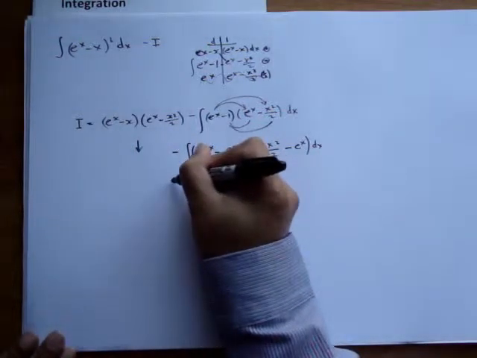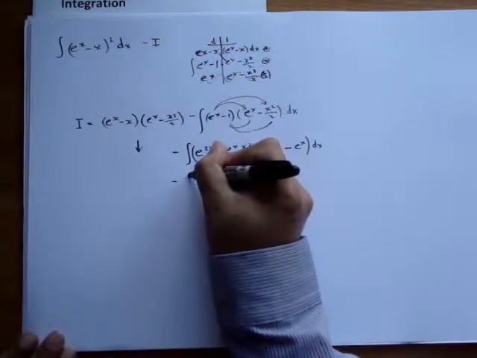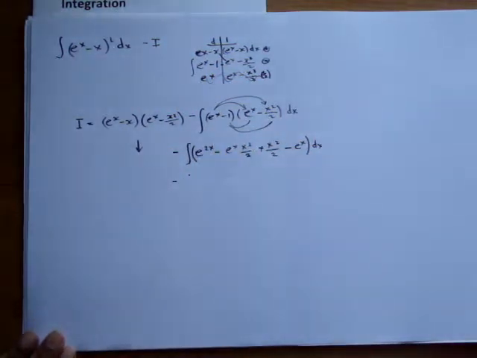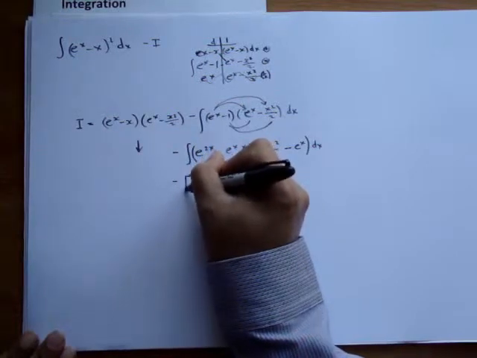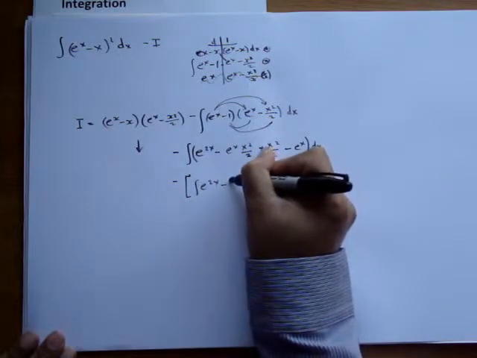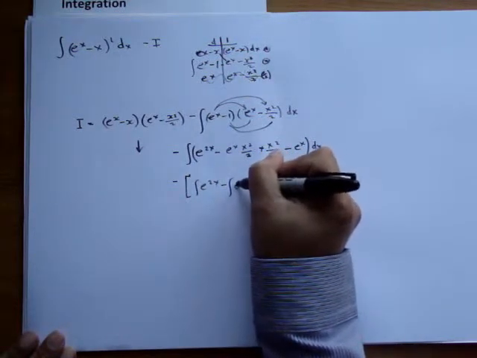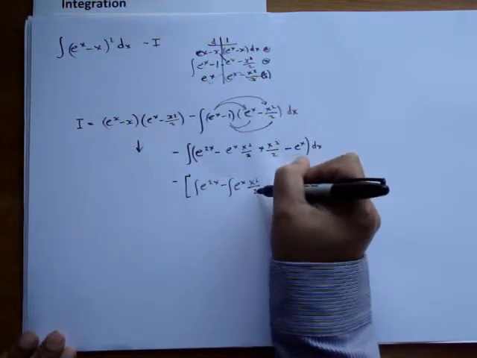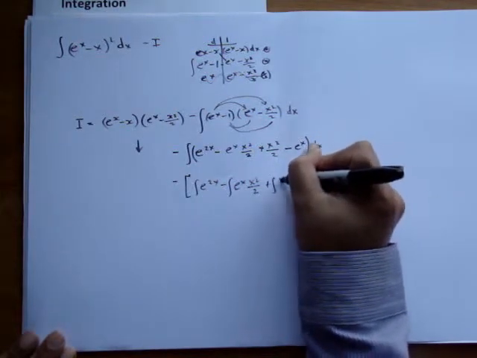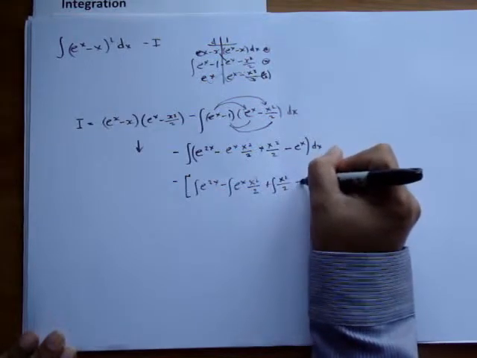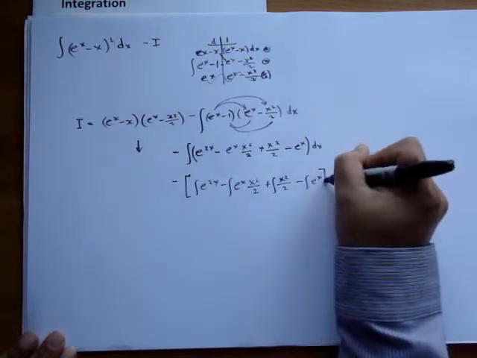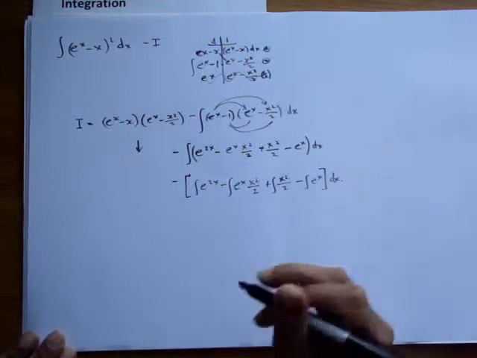We can take each in turn, so this becomes minus the integral of e to the 2x, minus the integral of e^x x squared over 2, plus the integral of x squared over 2, minus the integral of e^x dx.